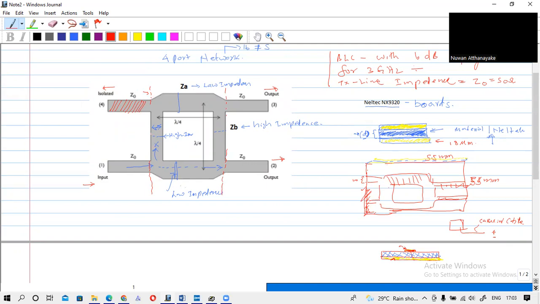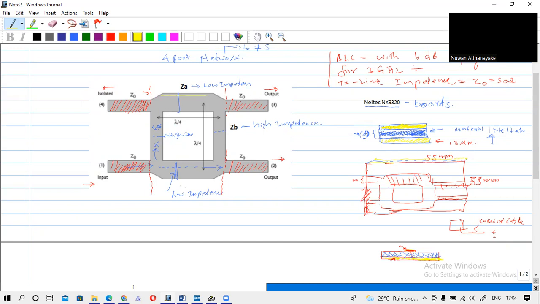So this will be the branch line coupler. These are transmission lines. There are four transmission lines for four ports.